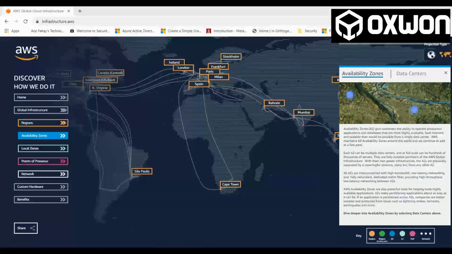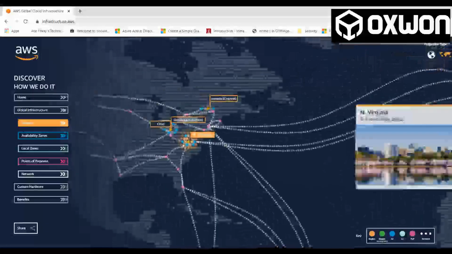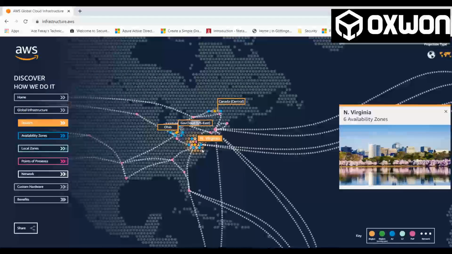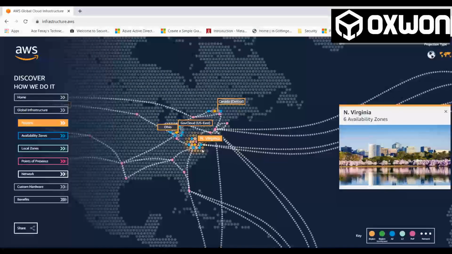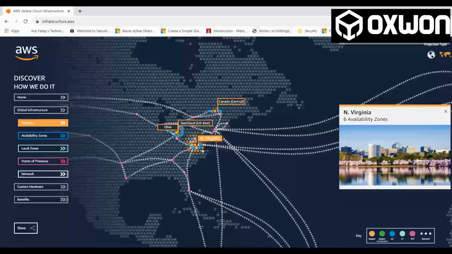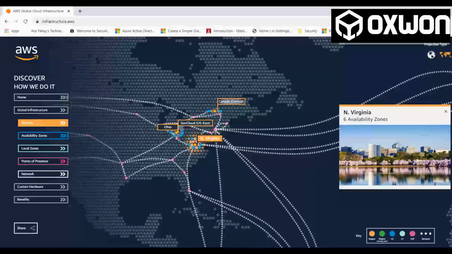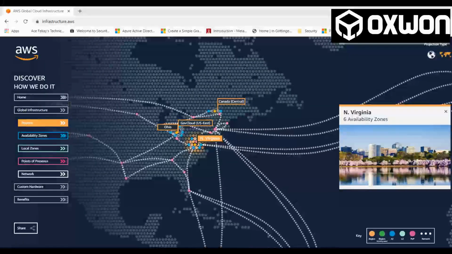But remember that these data centers or availability zones within that region are connected to each other with low latency links. These blue dots may be 100 miles apart, but they are connected with high speed connections. Low latency just means that it's a fast connection between the sites, and there is not a lot of delay or lag when traffic is sent between the availability zones. So that was about availability zones.